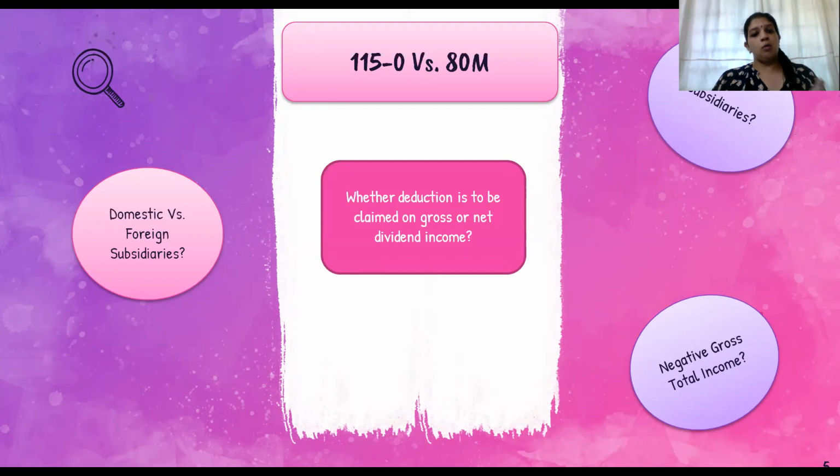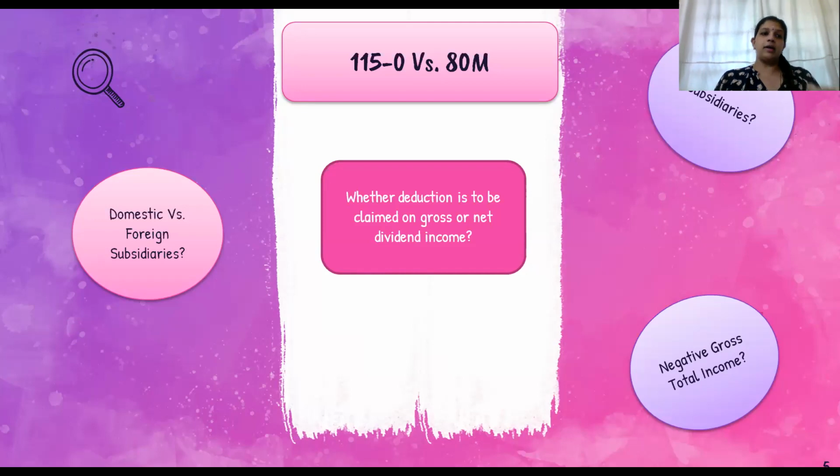This provision was inserted consequent to the removal of DDT. This was earlier in the Act, but once the DDT was in effect in 2003, during that DDT regime, a similar benefit was made available to the companies under Section 115O, whereby certain dividends received by the domestic company were allowed to be reduced for determining the net amount on which DDT is to be paid by the company.